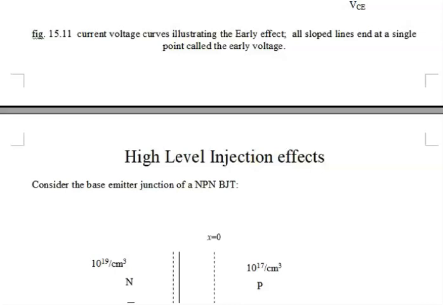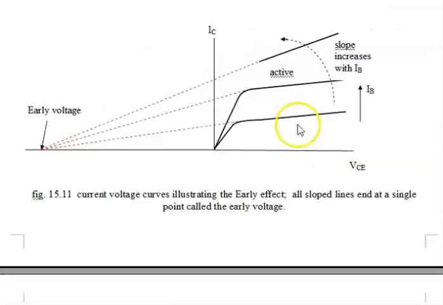So the bottom line on the early effect is that in order to make the early voltage as large as possible, we want the depletion region to be as small as possible on the base side of the base collector junction. And in order to do that, we make the collector doping as low as possible.